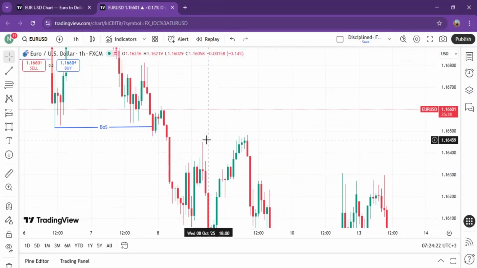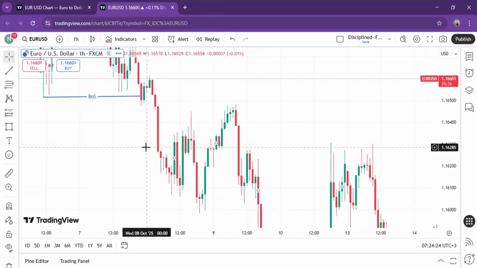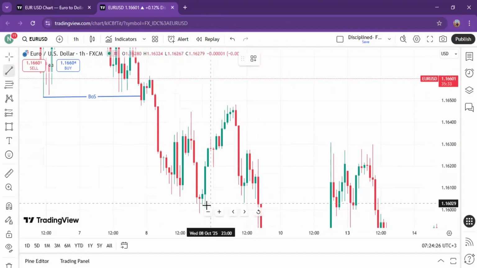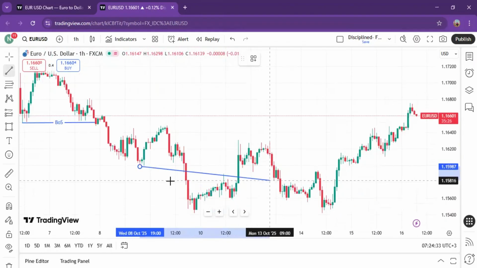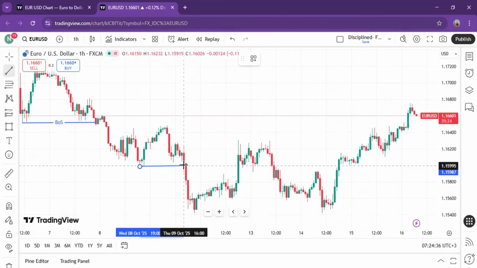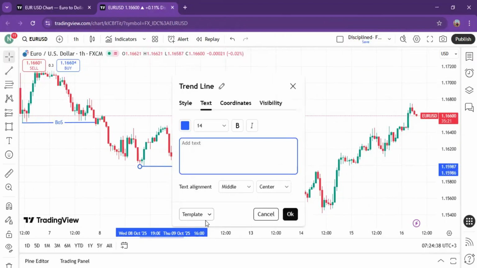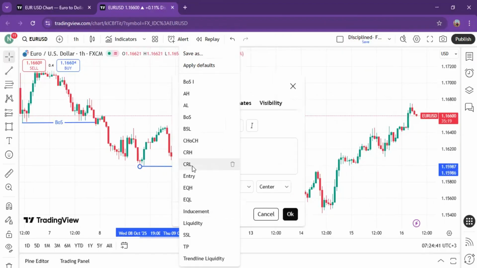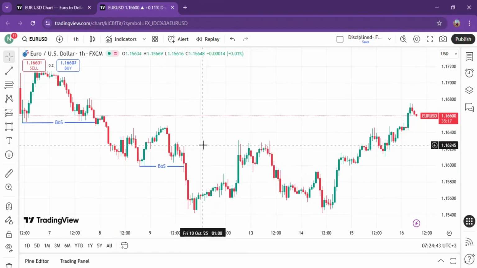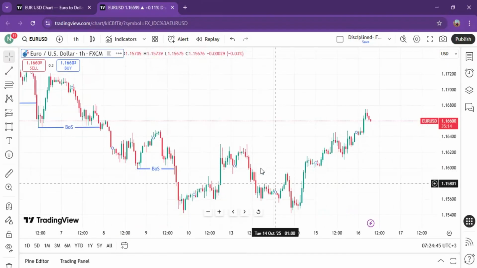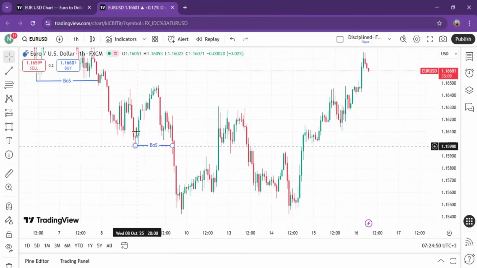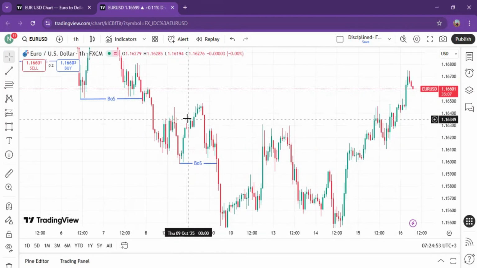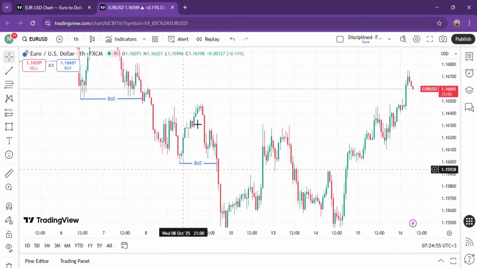Then from here you have the next break of structure below here. So that is where you have an area of break of structure. Like that. So these are external type of liquidity. You have people placing their money at these points.